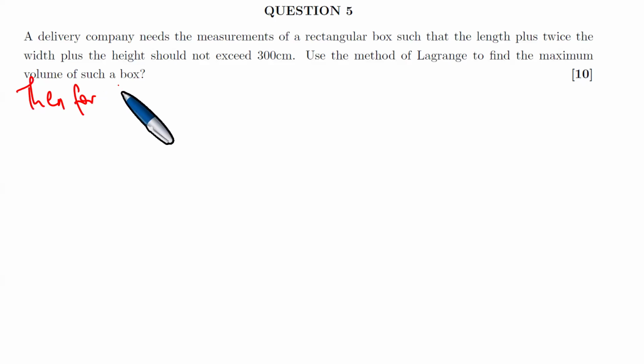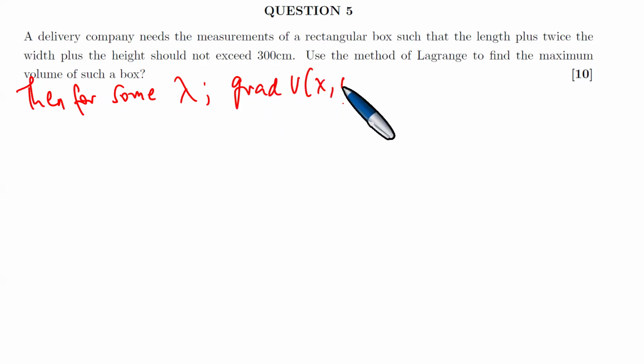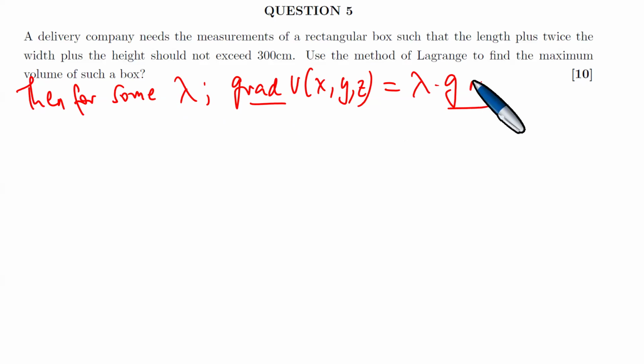We say the gradient of the volume function is equal to lambda times the gradient of the constraint equation. What is the gradient of the constraint equation? It is (1, 2, 1). That's what we have.